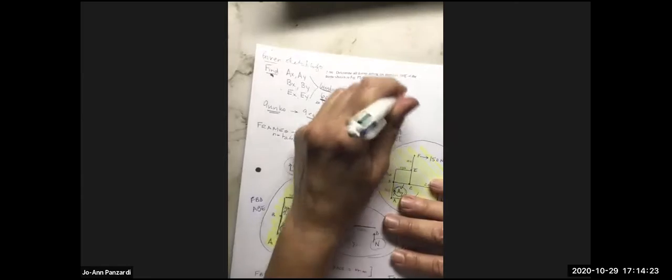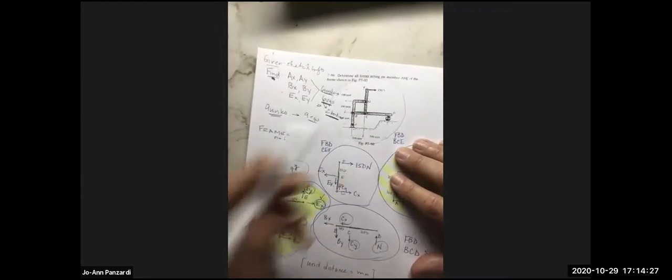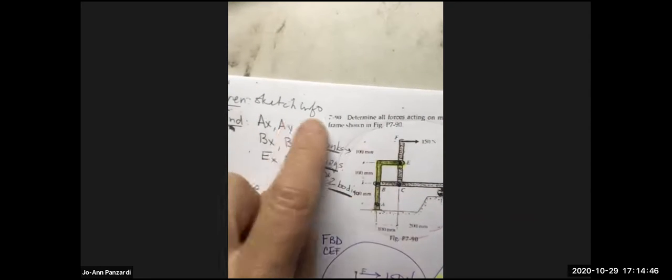Okay, so we have this problem right here, and it says that we need to find all the information in this member right here. The only thing given is really the sketch information.